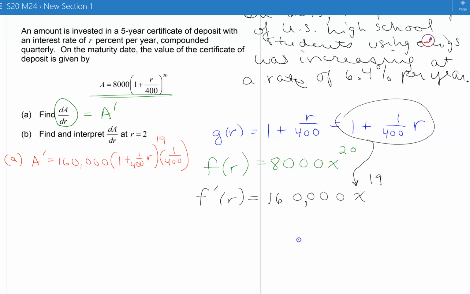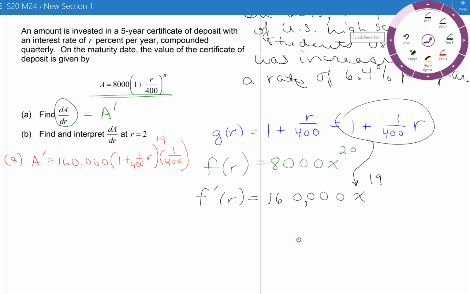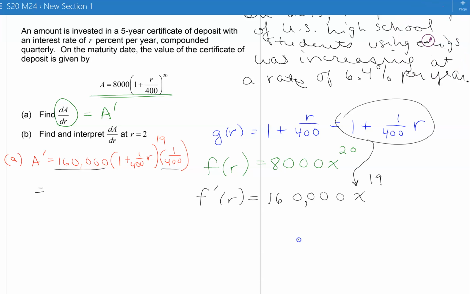So we should simplify that. Combine these to 400 times 1 plus 1 over 400 r to the 19. Okay, so that's the A part.